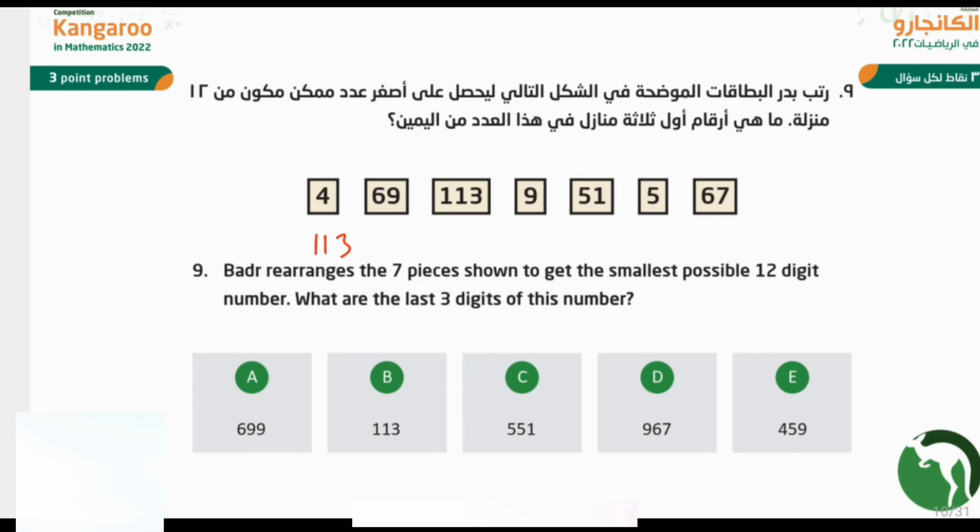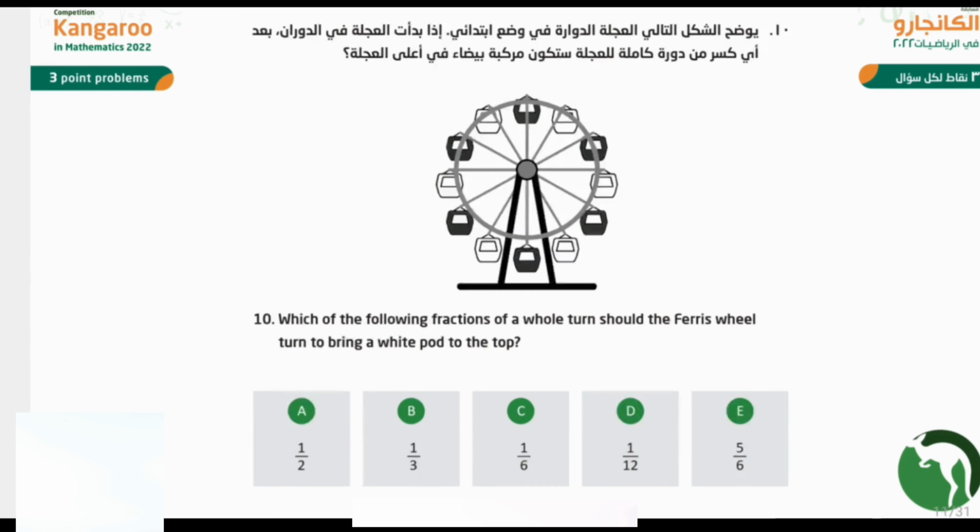Then we will put number 4, and then we will put 51, and then 5, and then we will put the big numbers like 67, and then 69, and then 9. So the last 3 digits in this number are 699, and A is the correct answer.